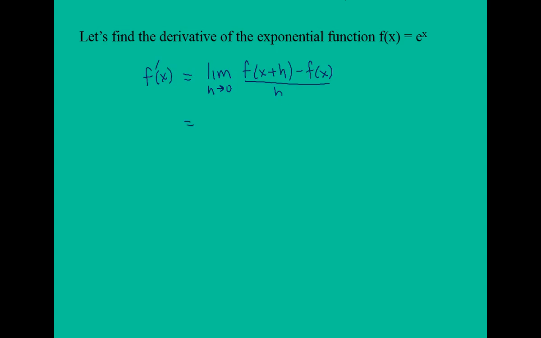So if we plug in x plus h everywhere we see an x in our function, we'd have e to the x plus h minus e to the x divided by h. This can be rewritten as e to the x times e to the h.